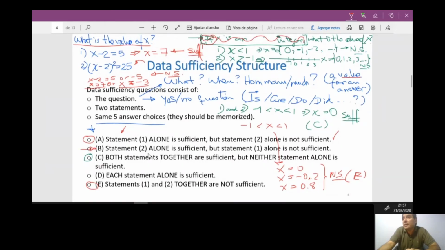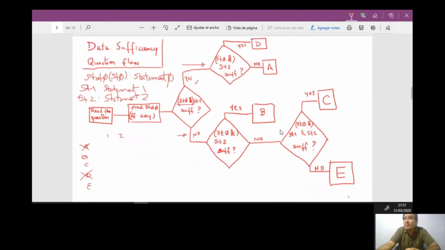So these two are like reciprocals, right? A and B. You would be here if that happens to you, that statement 1 seems not sufficient, and statement 2 seems sufficient.